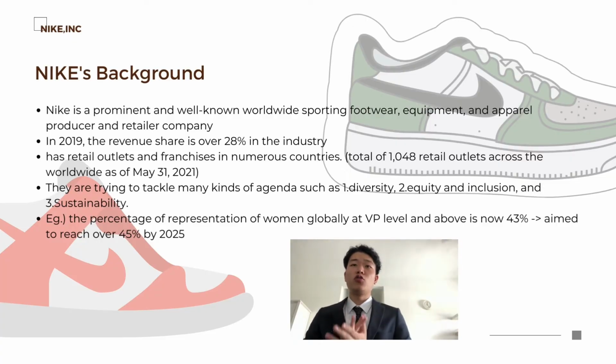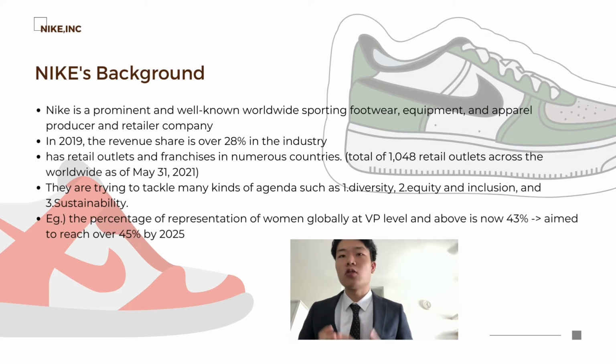So let me introduce Nike's background. Nike is a prominent and well-known worldwide sporting footwear, equipment, and apparel producer and retailer. In 2019, its revenue share was over 28% in the industry, and Nike has retail outlets and franchises in numerous countries.